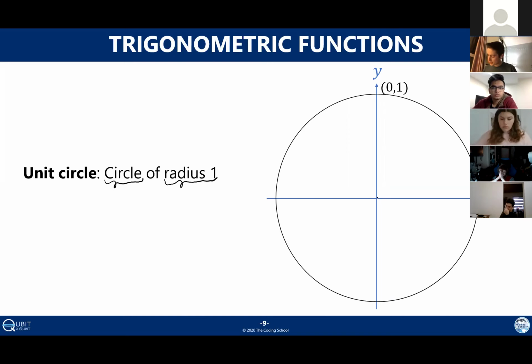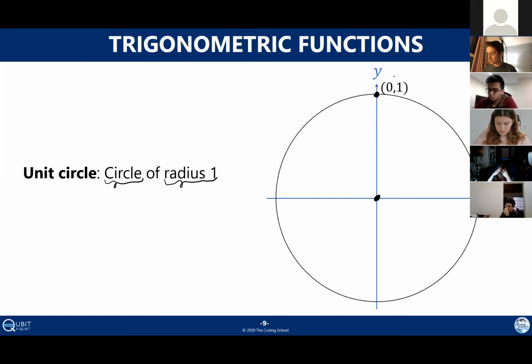And so when we say it has radius 1, we mean that if we go from the center of the circle to any point on the circle, so for example, here I'll just go straight across the x-axis, and we get to a point on the perimeter of the circle, we know that that distance is going to be exactly 1. So here our point is at x coordinate 1, y coordinate 0. Likewise, if we went straight up along the y-axis, again, we've traveled distance 1 because the circle has a radius of 1.